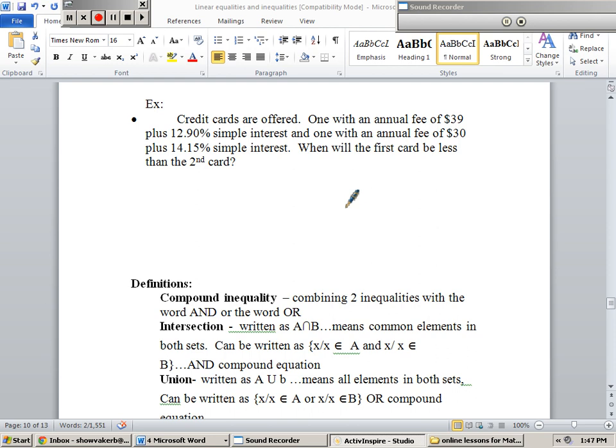You want to know when the first card is less than the second. So all you're doing is putting a less than sign in. You could do it with an equal sign too, because we know wherever they're equal at, the first card is less than the second after that amount, because that has the higher amount on it. So you can do it either way.